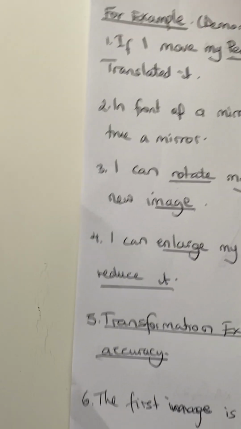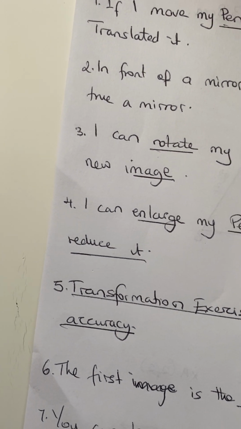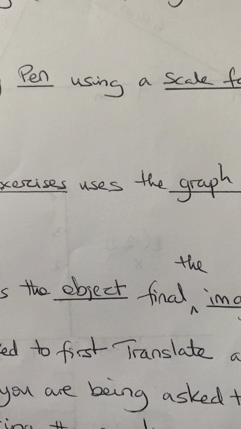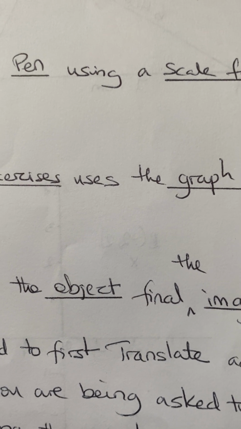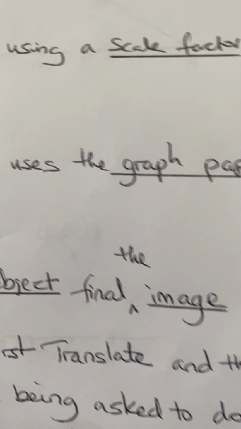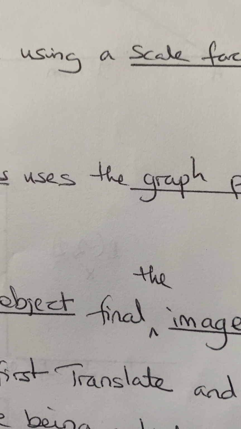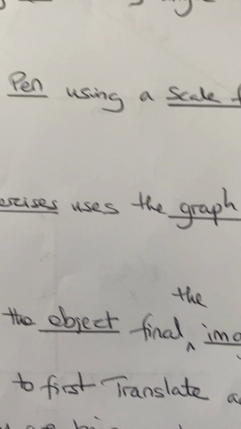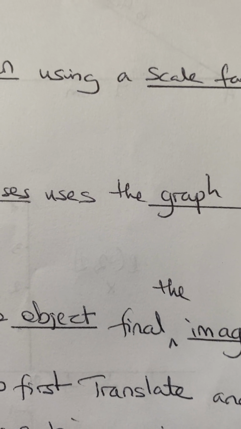Now, transformation exercises use graph paper most of the time, for accuracy. So we are going to look at graph paper a lot. We are going to be drawing stuff on graph paper.